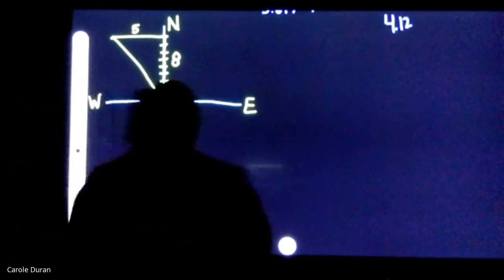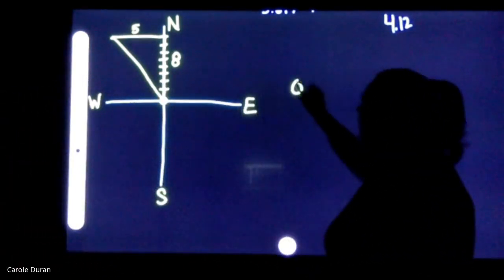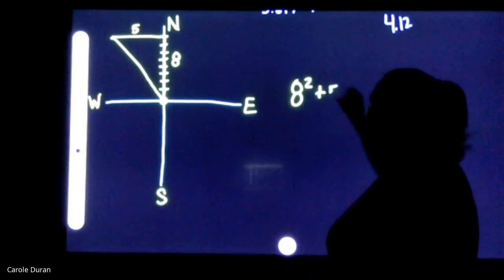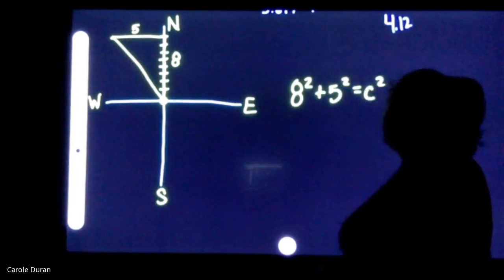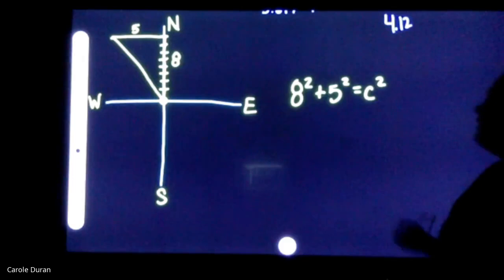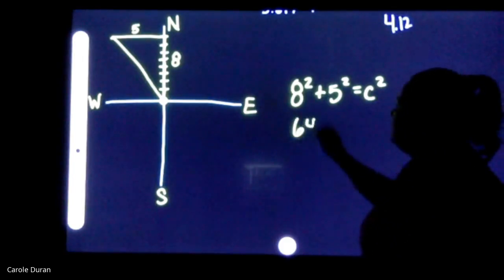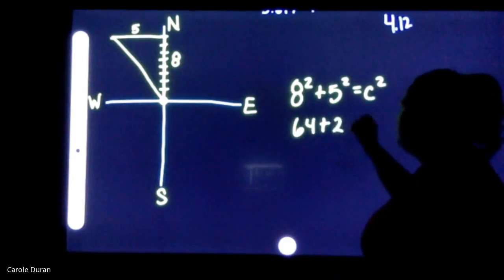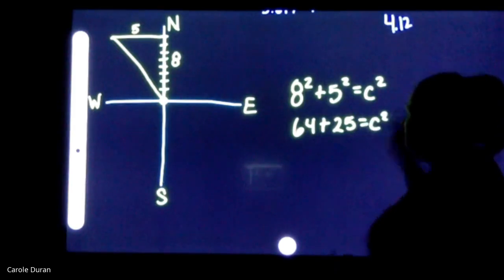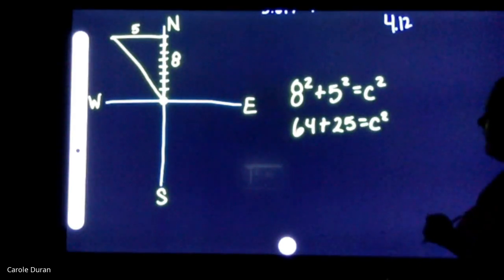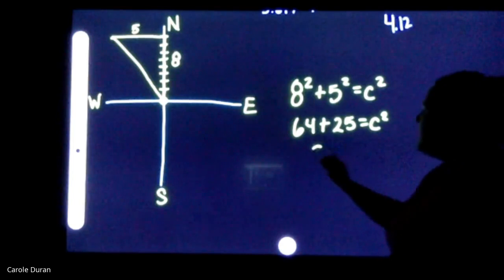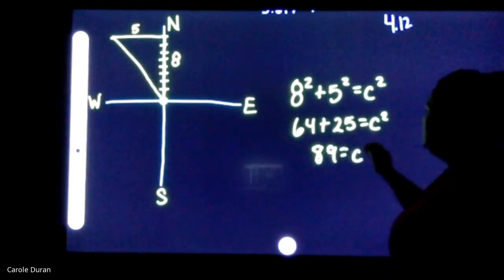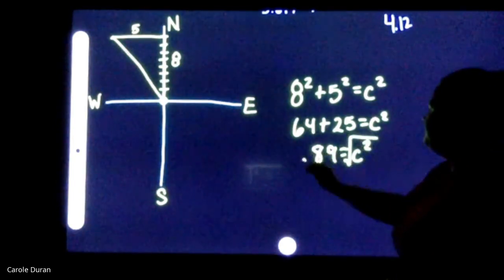Okay, so we're going to do Pythagorean theorem again. I have 8 squared plus 5 squared equals c squared. 8 squared is 64. 5 squared is 25 equals c squared. 64 and 25 is 89. Square root both sides.